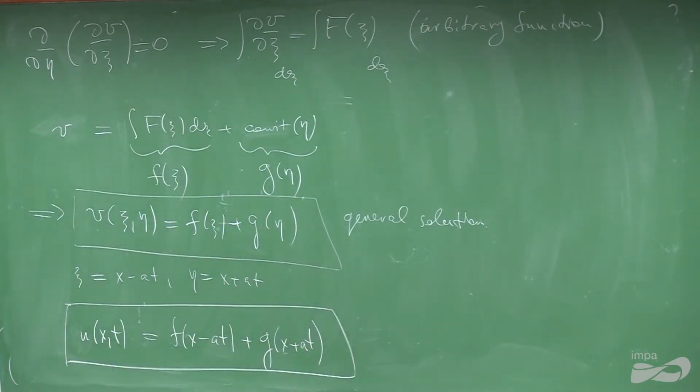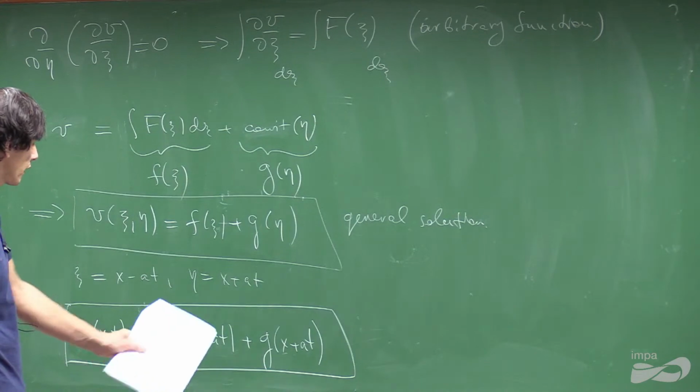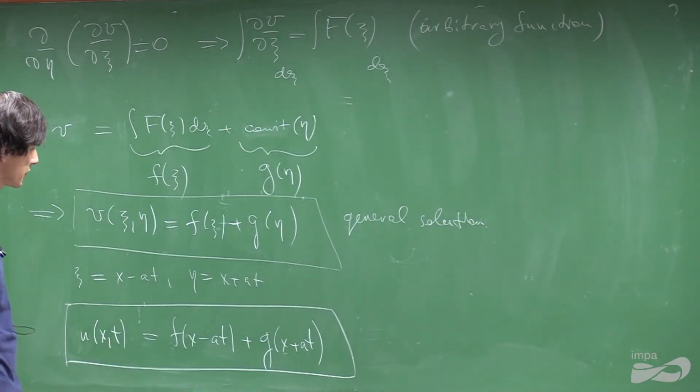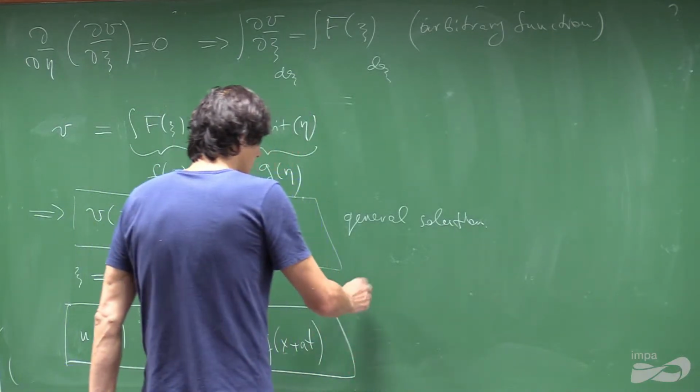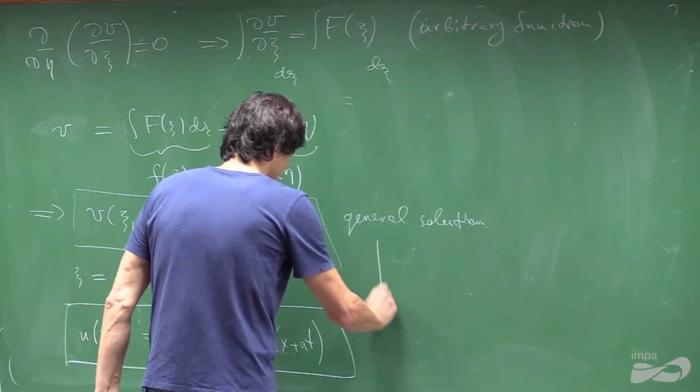So an arbitrary solution of the wave equation has this form. Any function f depending on x minus at, and any function g depending on x plus at, and then you can see what it is.